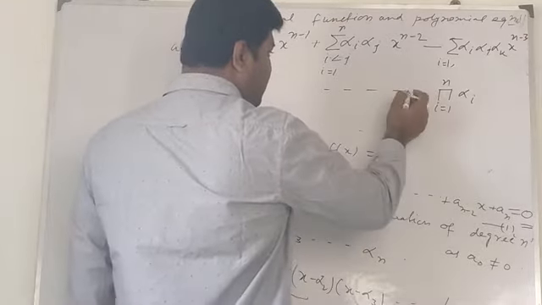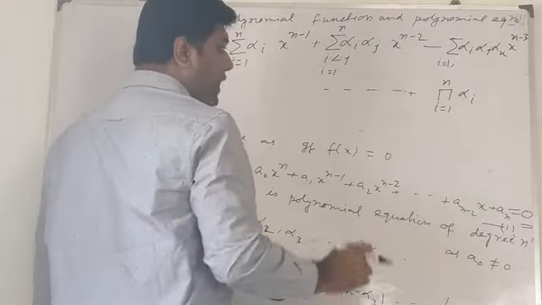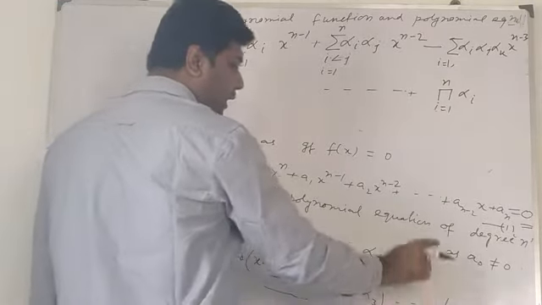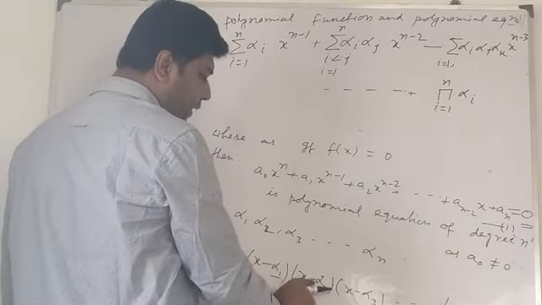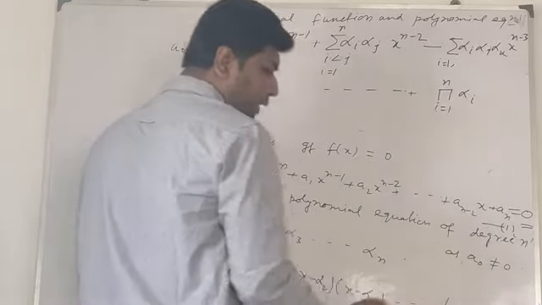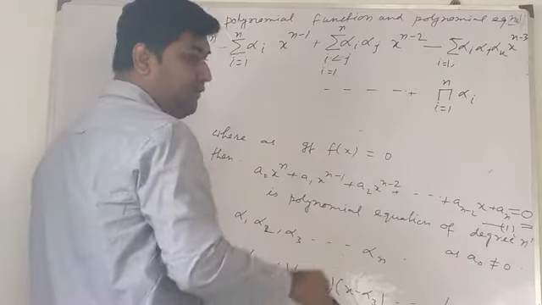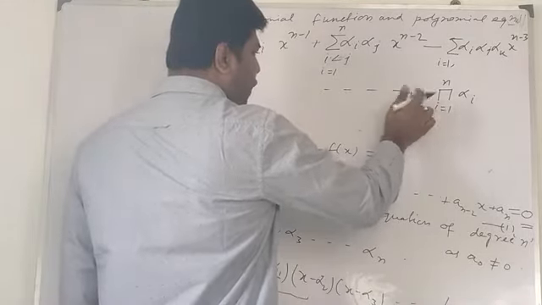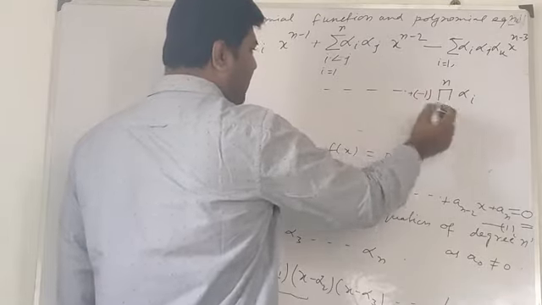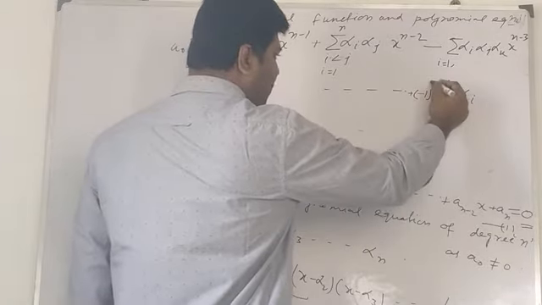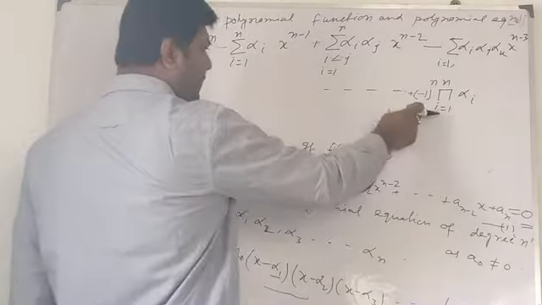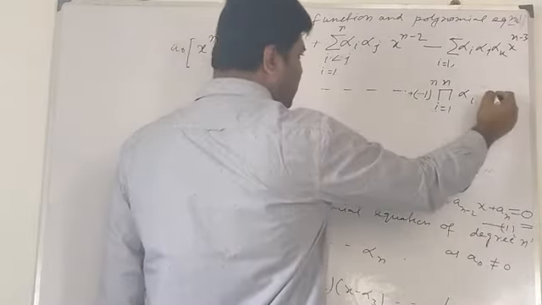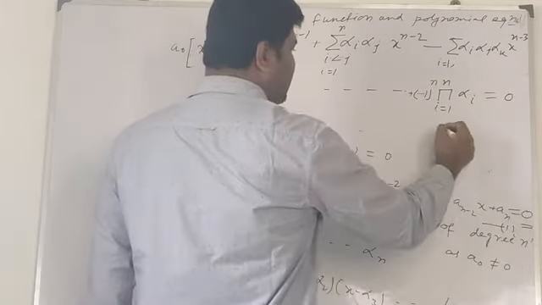Now the question arises: what will be the sign with this term? The sign will depend upon n, because you have multiplied n number of minuses. If n is even, it will be positive. If n is odd, it will be negative. So to be safe, you should write here minus 1 to the power n, and it will take the sign according to the number n we take. Understood? This is equation number 3.